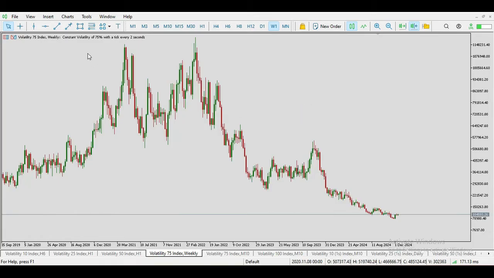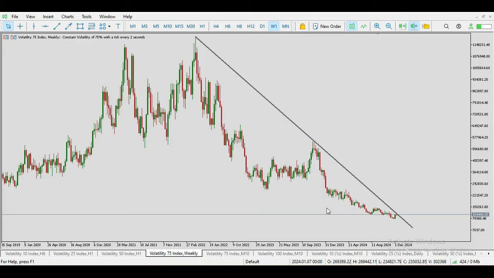Now, all I need to do here, which is exactly what you should be doing, is first and foremost draw a trend line, picking out the most comfortable downtrend you can actually see.